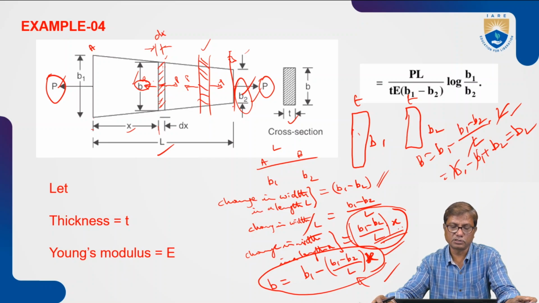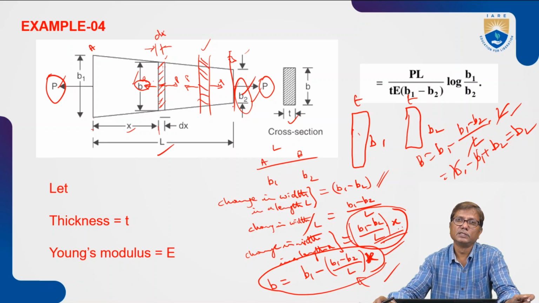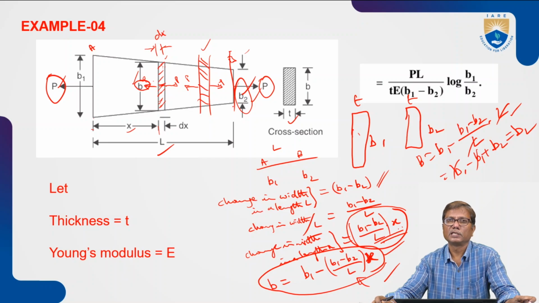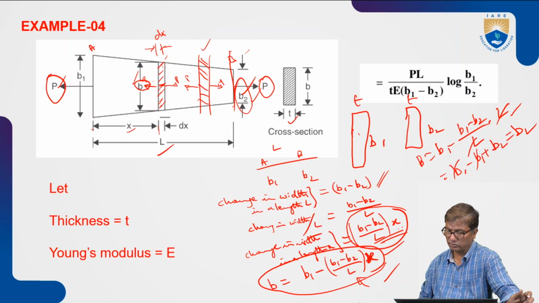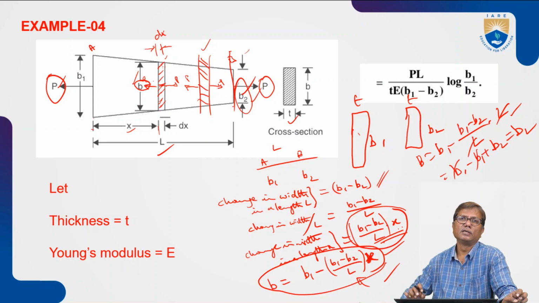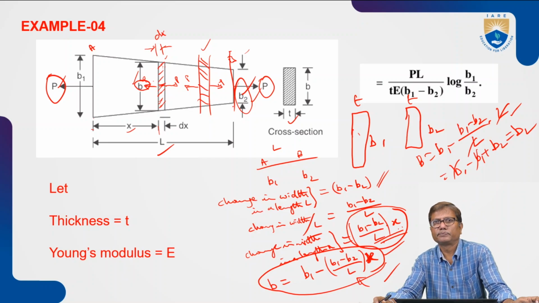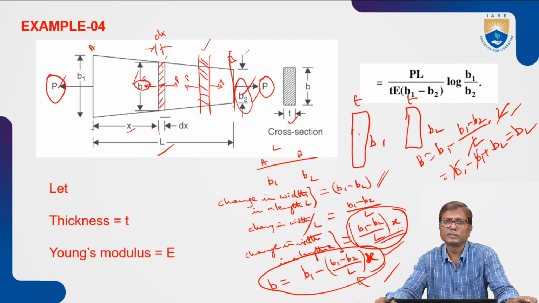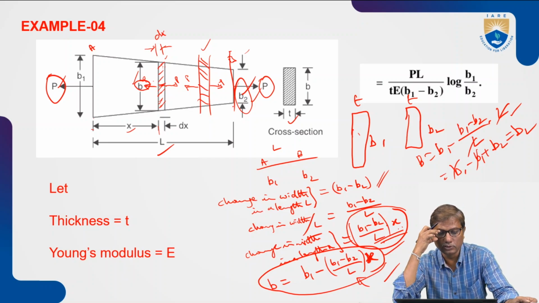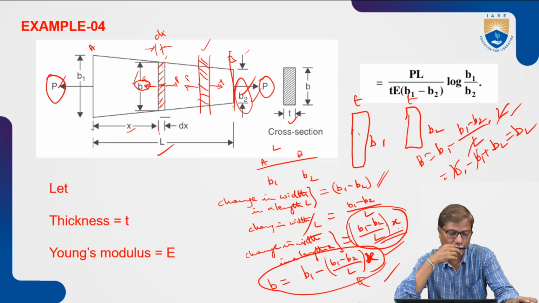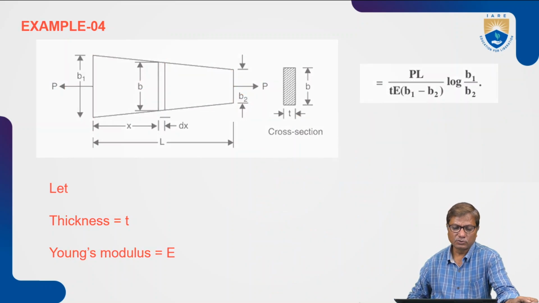So for a uniform cross section, the elongation of the elementary strip is given as PL by AE. The elongation of a bar with uniform section is PL by AE. So what is A here?